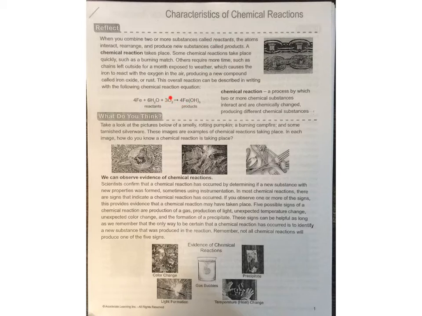Here there were 6 oxygen atoms, and then this O right here with this coefficient, there were 6 oxygen atoms here as well, so they've been rearranged together like this, but there's still 12 oxygen atoms.